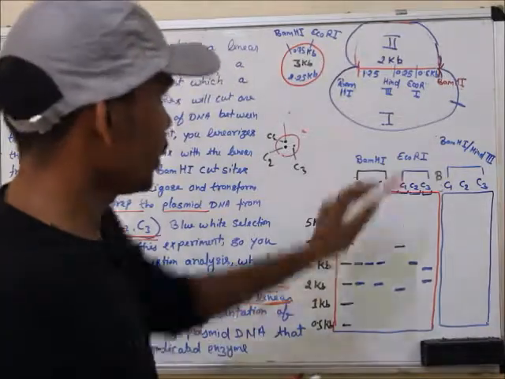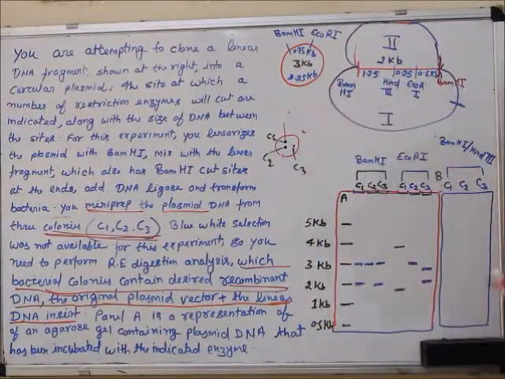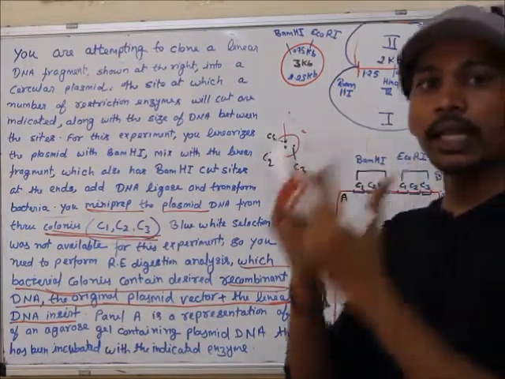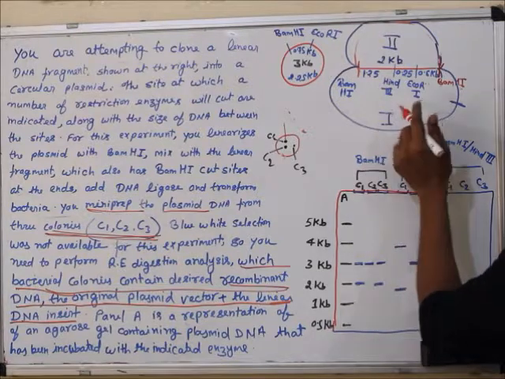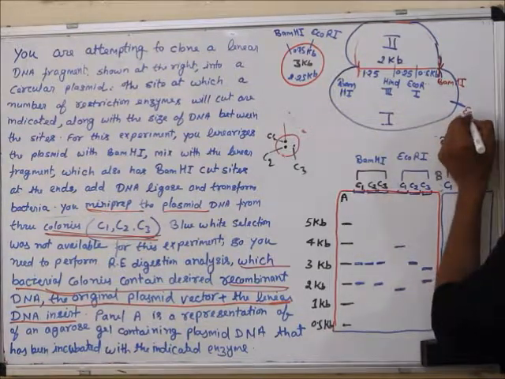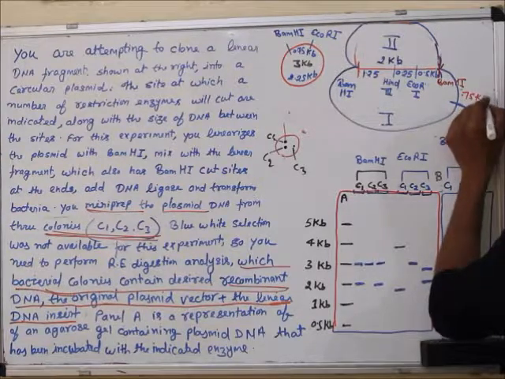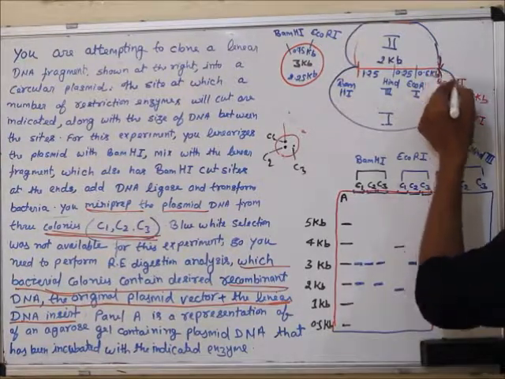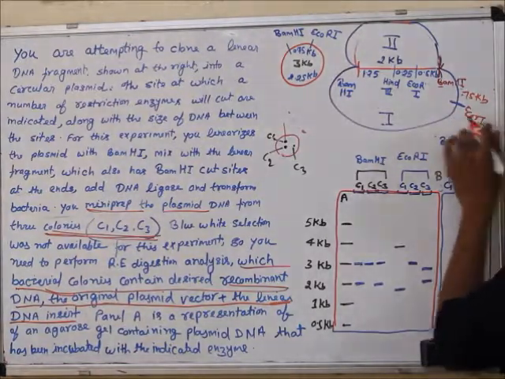And if the ligation of the foreign DNA is completed in the first orientation, then there was EcoRI first, and there was 0.75 kb as the total length between BamHI first and EcoRI first.